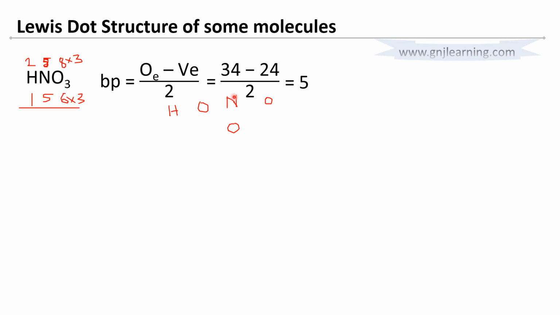5 bond pairs, which means that I can draw them like this: 1, 2, 3, 4. Now there are 4 bonds here. Now one is left. Where should I write that one? I am not expected to write the second bond here, because here oxygen already has 2 bonds.